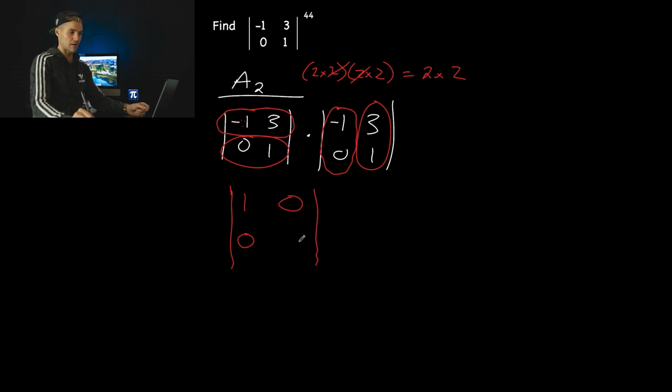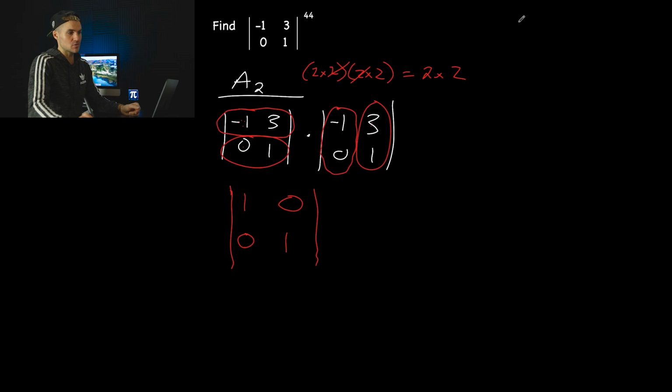And for the second row, second column: 0 times 3, plus 1 times 1 gives us 1. So notice that if we take this matrix and multiply it by itself twice, we end up with the identity matrix.